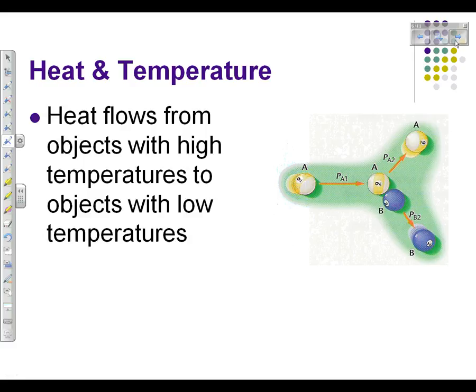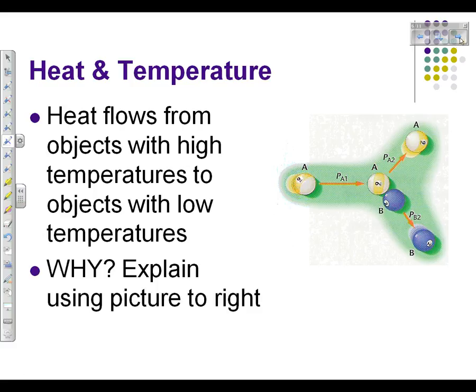So, objects with heat flow spontaneously from high temps to low temps, right? Using this picture, explain why. The one big idea that governs that is what? Conservation of energy, right? If things moving quickly run into things that are moving slowly, the slow things speed up, the fast things slow down.